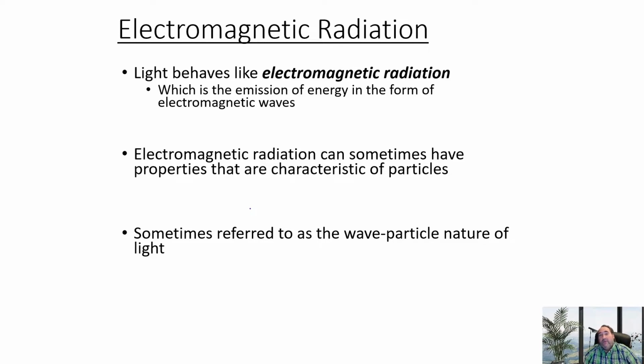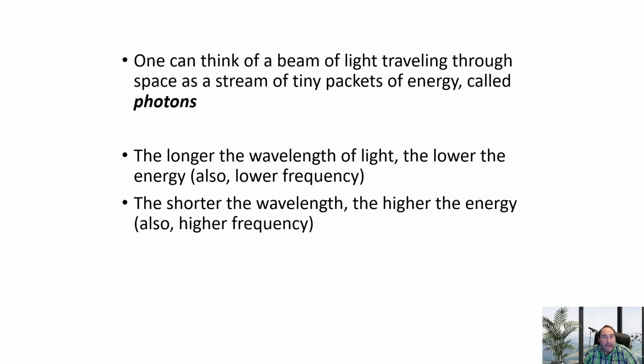So there's just a dual nature of both light, waves, and particles in this idea of what we're talking about here. We can think of a beam of light traveling through space as really these tiny packets of energy, which are referred to as photons. As I mentioned before, the longer the wavelength of light, the lower the energy and the lower the frequency.